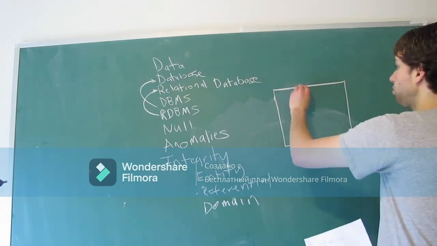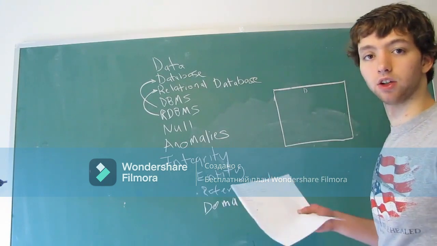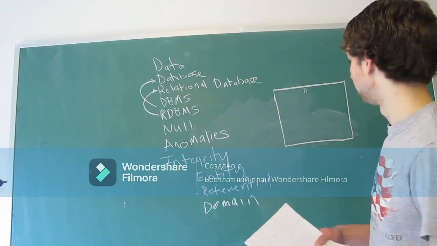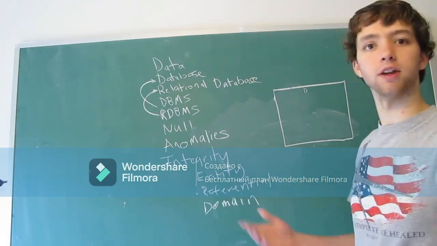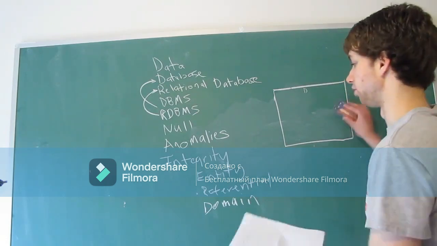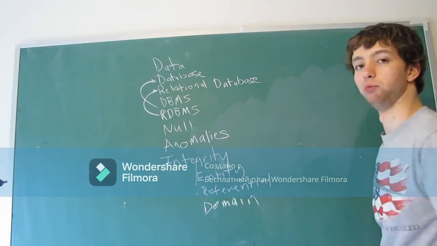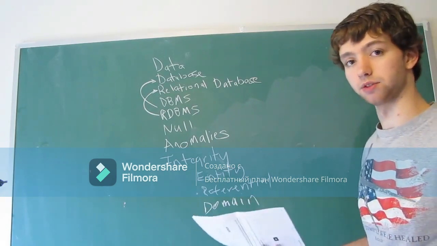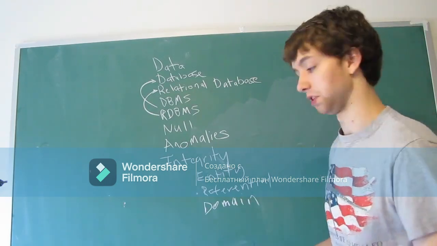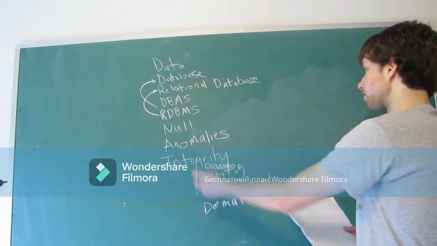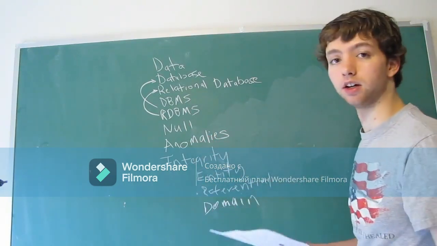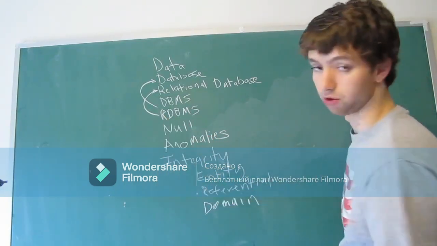So we have a phone number, we would expect numbers, not text, or not a date. That is domain integrity. And the word domain is basically the range of values that are acceptable to store within a column. So these are our data vocabulary that you should know.